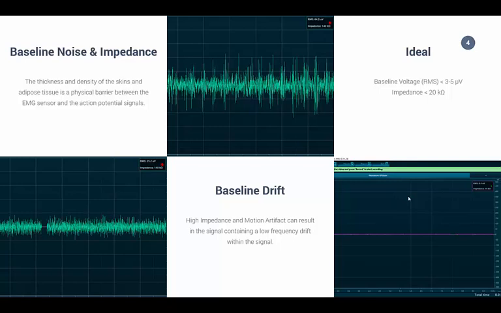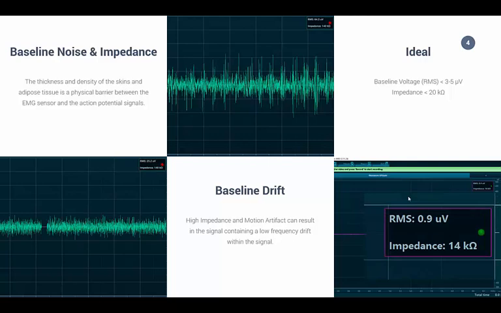Meticulous site preparation can dramatically reduce the impedance level and improve the output voltage as well as the resilience of the signal against environmental artifacts. Ideal impedance is less than 20 kiloohm, but if you can get this value below 10 kiloohm, environmental artifacts will essentially be eliminated.